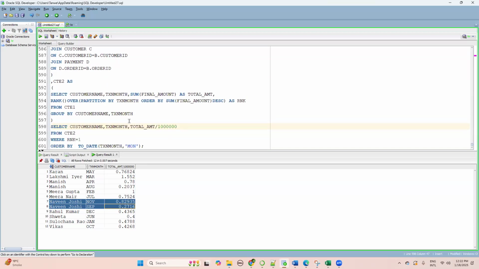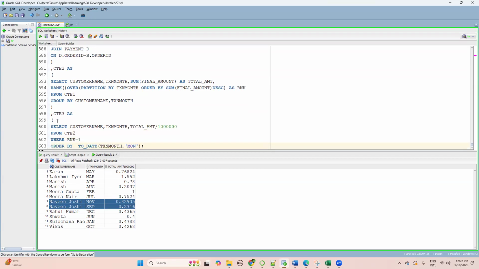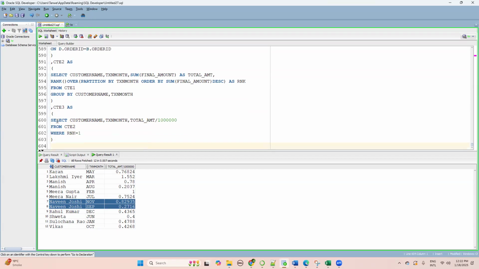ठीक है. So now how to get this information? So now what I will do, I will keep this in a CT3. See how much CT is helpful here. So now I will write here, select customer name from CT3. अब हमें क्या करना है? We have to find that customer which has more than one transaction month, correct? है ना?